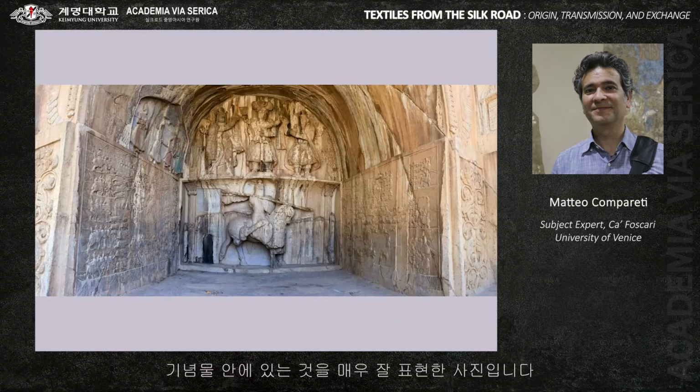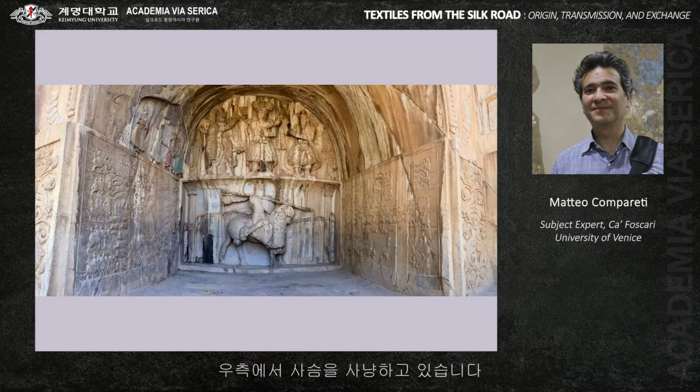This is an image which is rendering pretty well what is inside the monument. So, on each side we have rectangular panels representing the ruler. I do not want to say king because this is probably something different. We have a ruler hunting wild boars on the left and deer on the right.